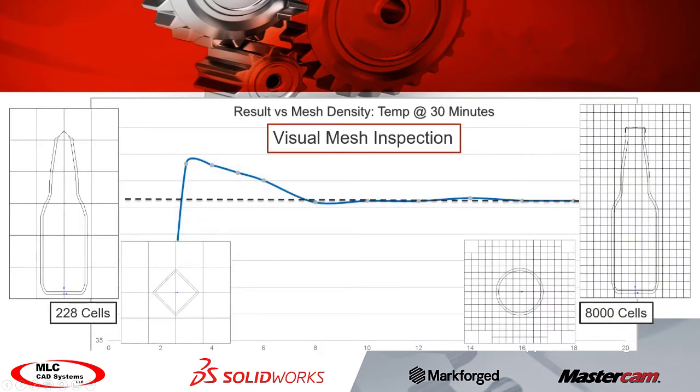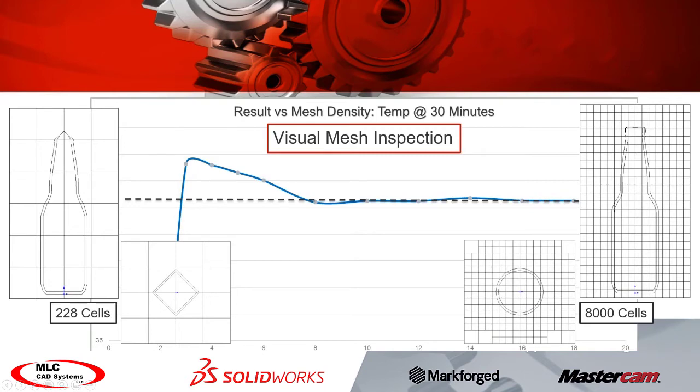There's a couple ways that you can kind of check for convergence. So it doesn't have to be by running this parametric study and graphing the relationship between mesh density and accuracy, or the result. You can do a visual inspection. On the left is some of my first studies that I ran, and you can see not only is it very few data points, but the geometry is so idealized that it doesn't even look right. It doesn't even look real.